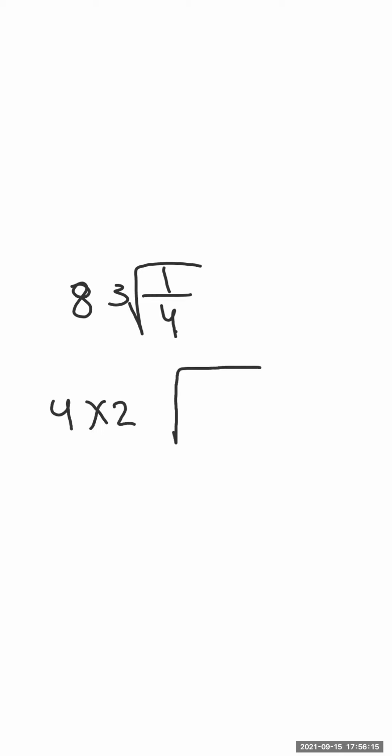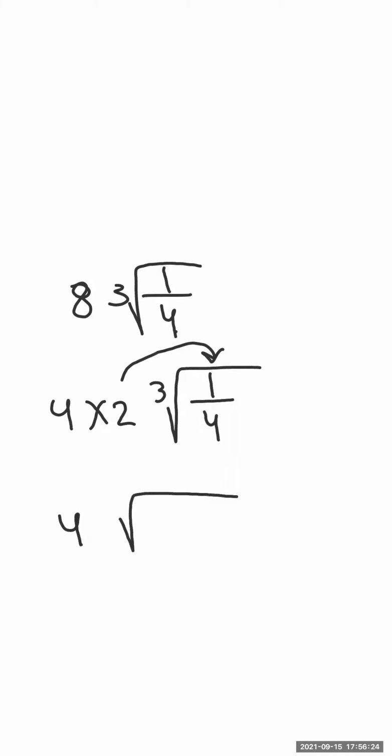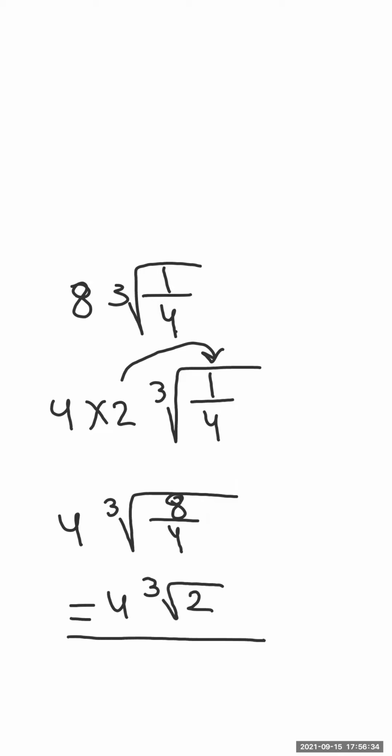So here, cubic root of 1/4. So 2 inside the cubic root means 8. So now it will equal 4 cubic root. The 2 inside the cubic root means 8/4. So simply it will equal 4 cubic root of 2. Okay?